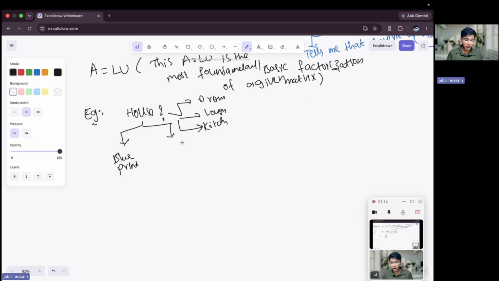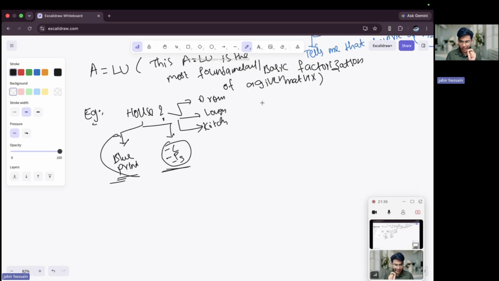Along with it there are some concrete things. For example, you need cement, you need pillars, you need sand. These are foundational components which are required to build a house. So these are the two things you really need to build this house.